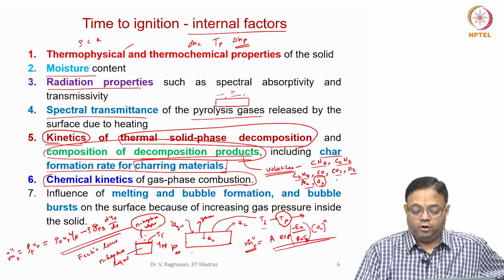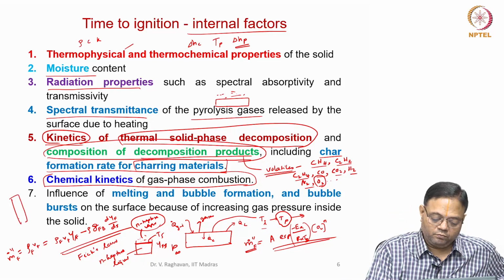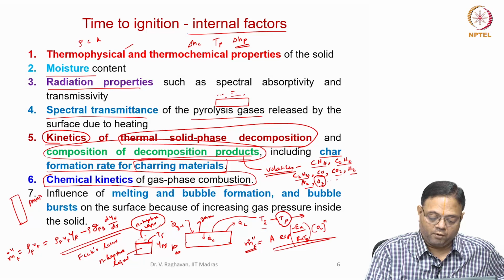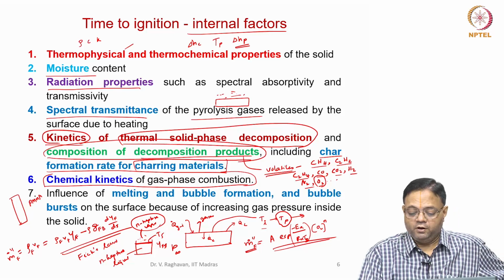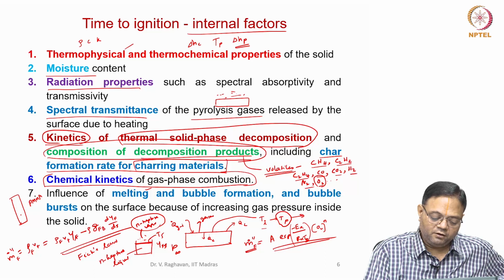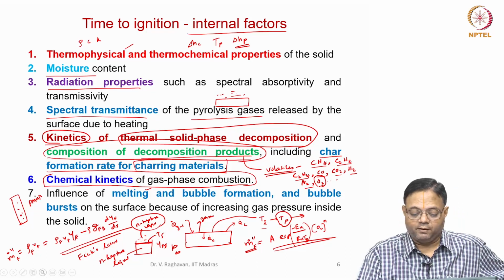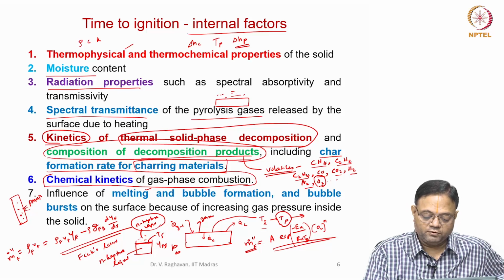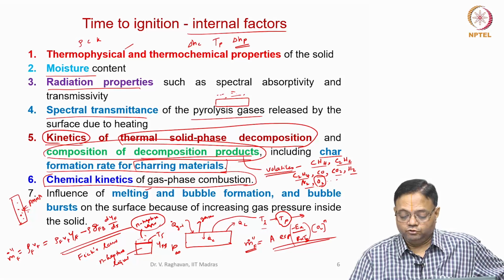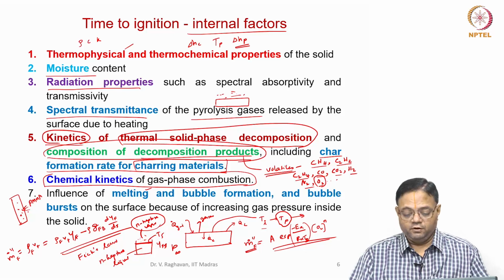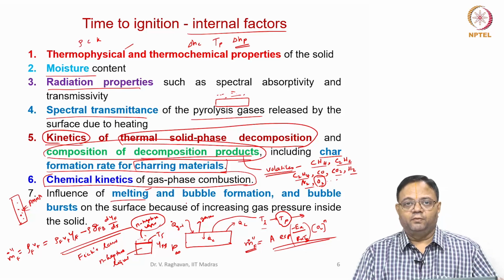Now, when you take plastics like PMMA or polyethylene etc., the plastic can melt, or when the plastic is heated, locally some bubble formation can occur. The bubble can burst from the surface and so on. So, these are all features which we cannot easily analyze. Melting, that is the melting point for a solid.